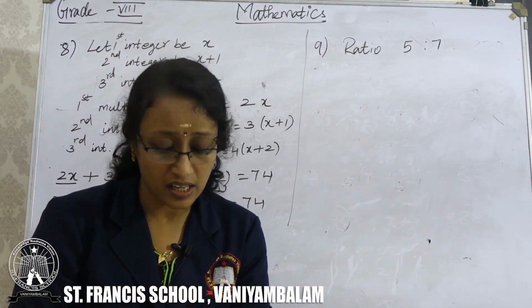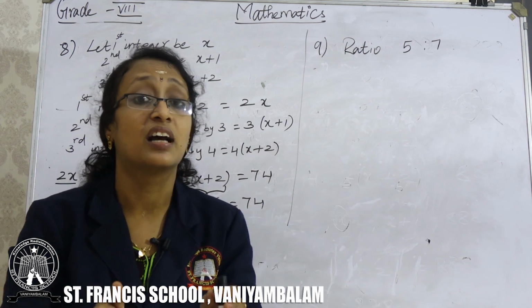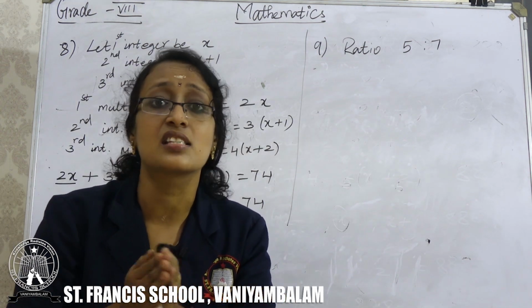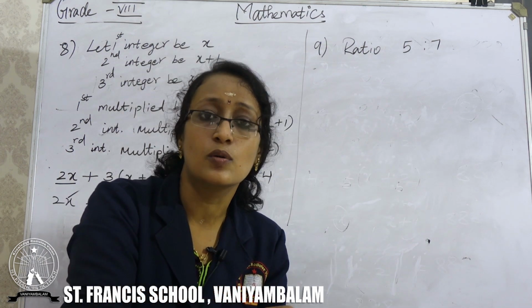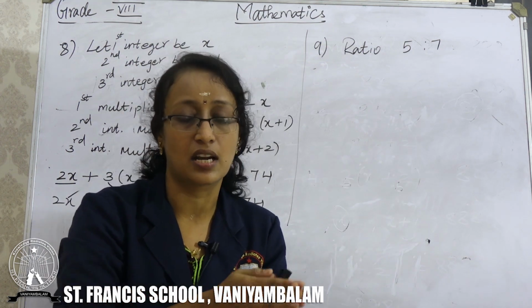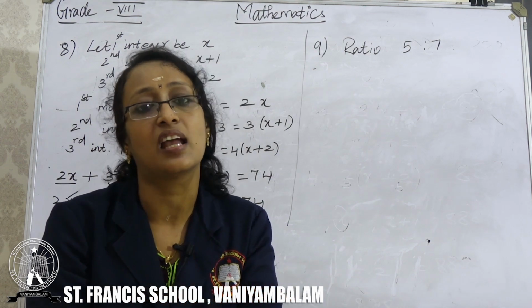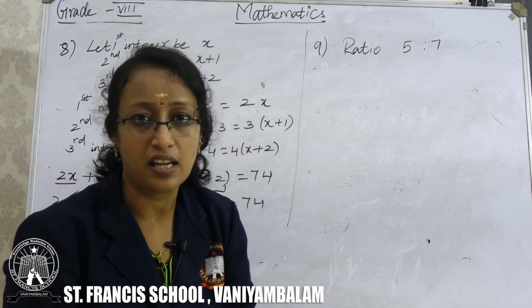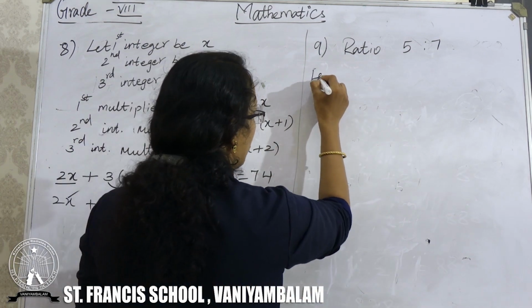The ratio is 5:7 means the age is not 5:7. The ratio of the ages is 5:7. If Rahul's age is 5 times, then what will be Harun's age? 7 times.